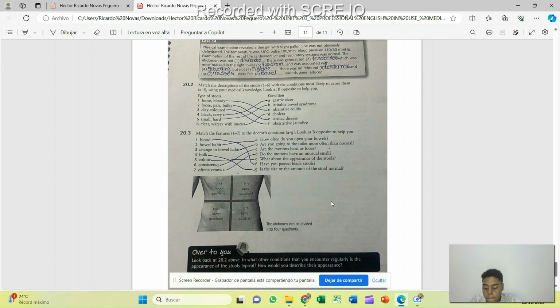4. Bulk: G, is the size or the amount of the stool normal? 5. Color: E, what about the appearance of the stools? 6.